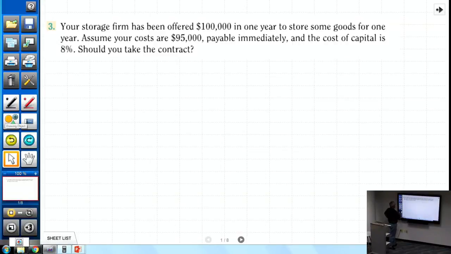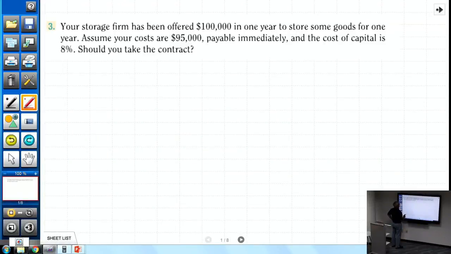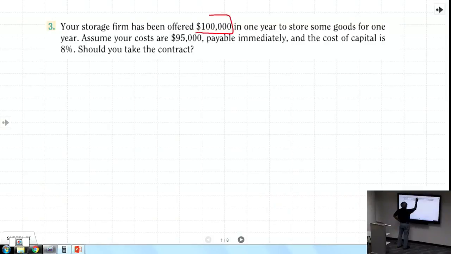So over here, the problem states that your storage firm has been offered $100,000 in 1 year to store some goods, and your costs are $95,000 payable immediately, and the cost of capital is 8%. Should you take this contract?